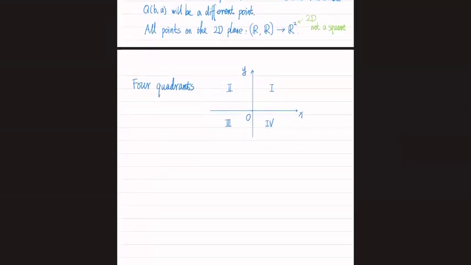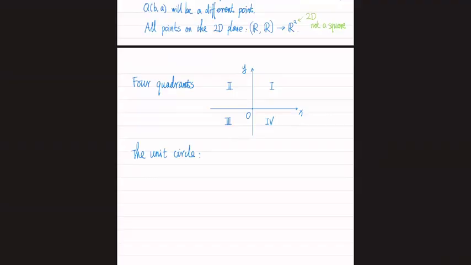Okay, there's a special object called the unit circle. A very important object. It's the circle centered at the origin with radius 1.